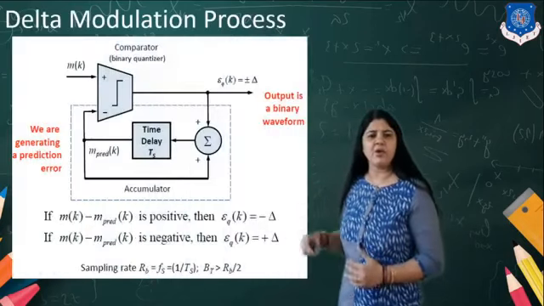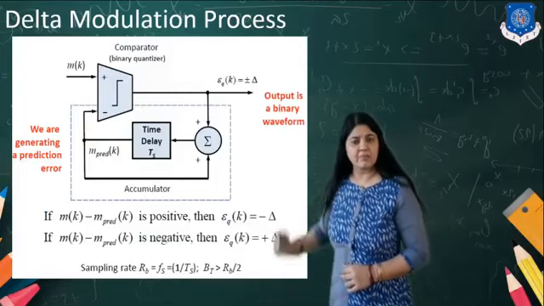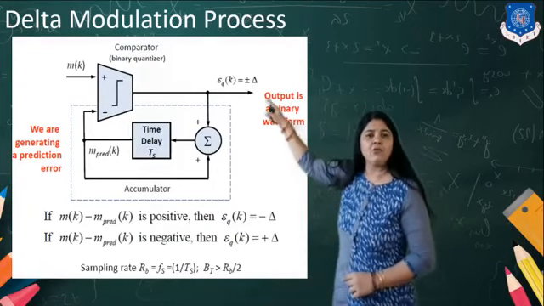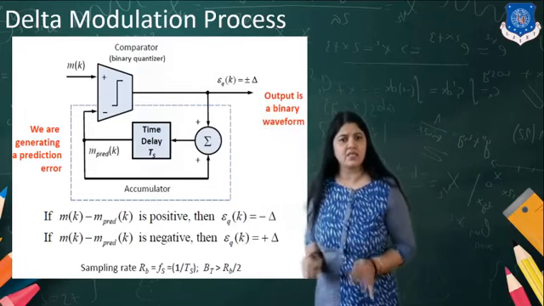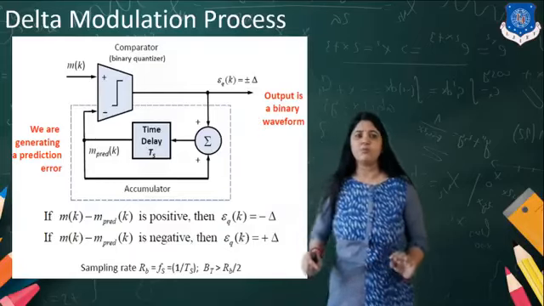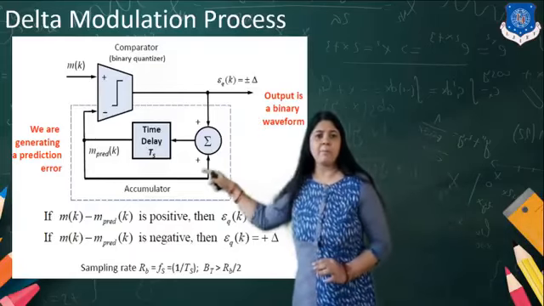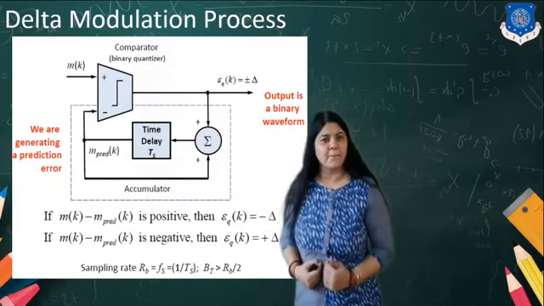In the delta modulation process, we need to remember that for the m(k) signal, the output is initially taken as 0, because the comparator output has not yet been generated. Here you can see that the predicted output m predict of k is given to the comparator.